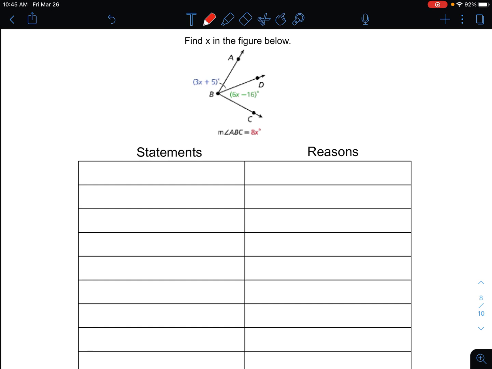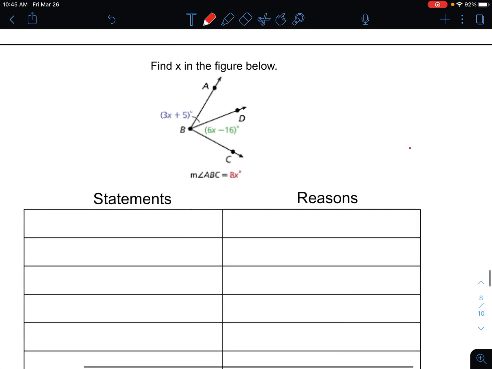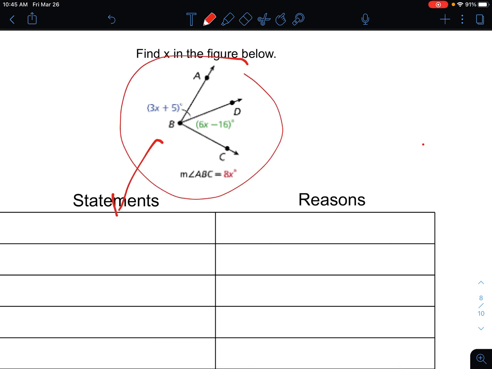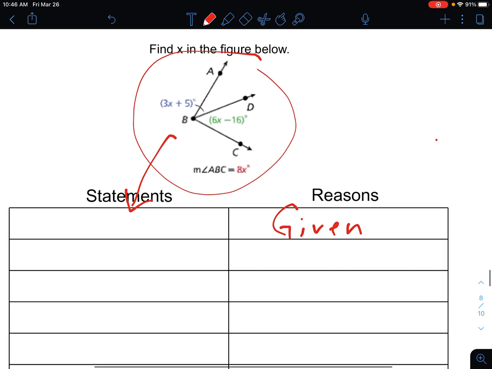Okay, so what do they give us? They give us the figure, right? And so in the statement, what we would do is we would just draw that picture in right there and say that's given. We don't have enough space for that, so we're just saying the picture, that information is given. All right, based off of that, what's the equation that I can write?